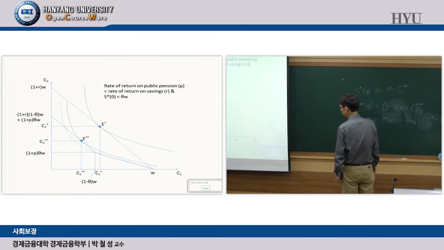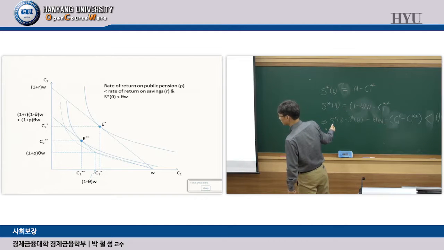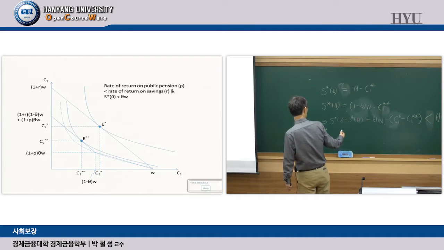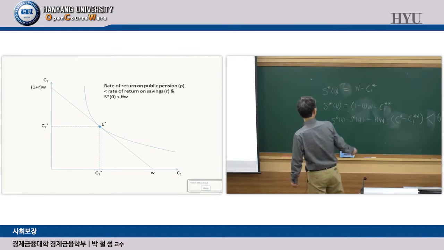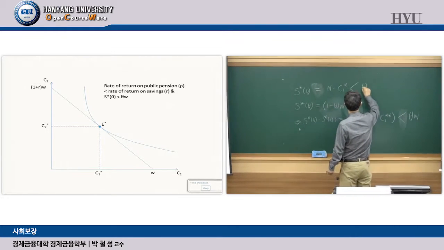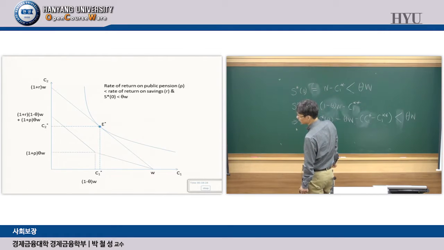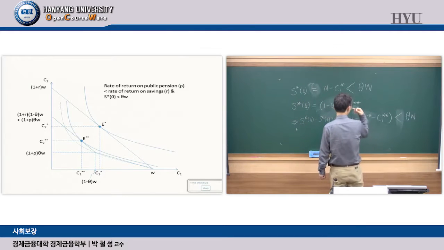This was the case where it's basically the same, and C1 star W is smaller than theta W. So it's going to be something like this.